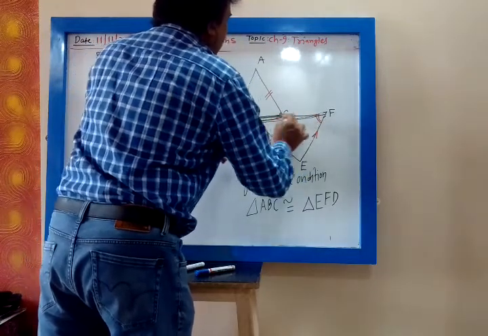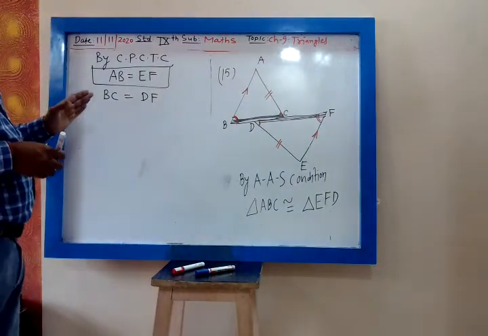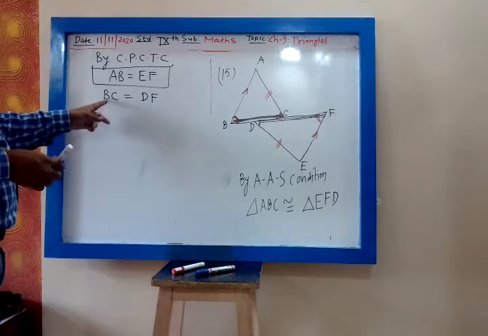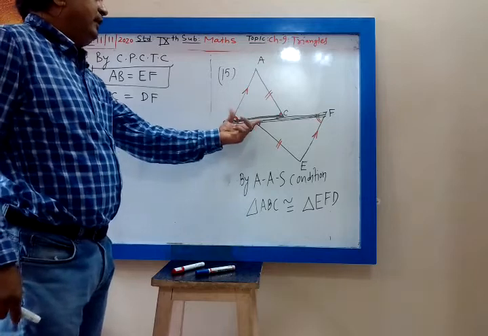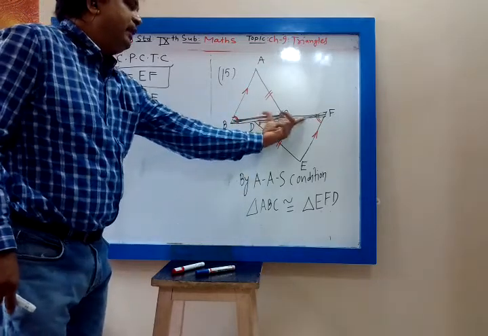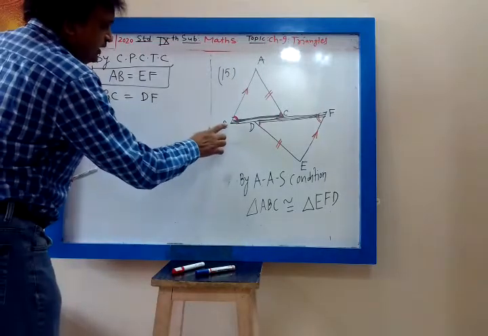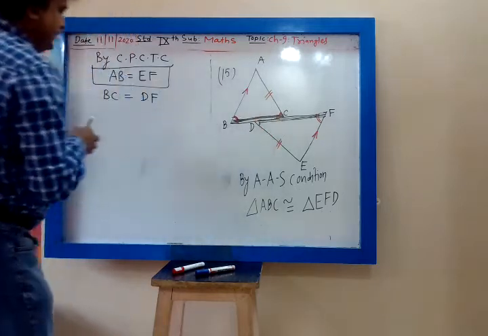Are you getting? BC is equal to DF. When two triangles are congruent, the remaining sides are equal and angles are equal. Now what is BC? BC is BD plus DC.